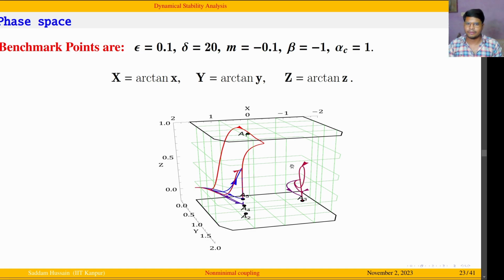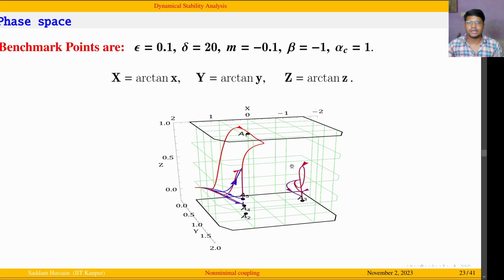And then we have A1 where x and y become 0, and z is only dominating. So again it appears that some trajectory can go towards it. And A5 is basically giving us the global stable critical point, because the trajectories and orbits from each and every critical point are attracted towards A5.